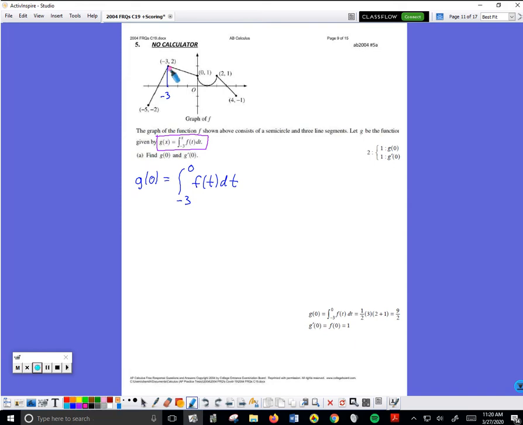So this area, the value of that area will correspond to the value of the integral below, because for this entire space, all values of f are positive. So finding this integral is the same as finding that pink area.